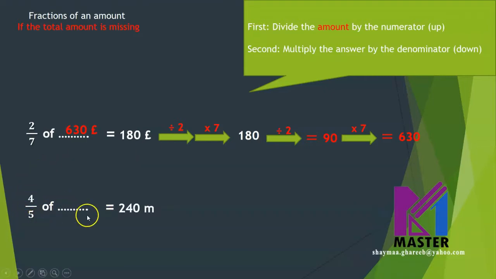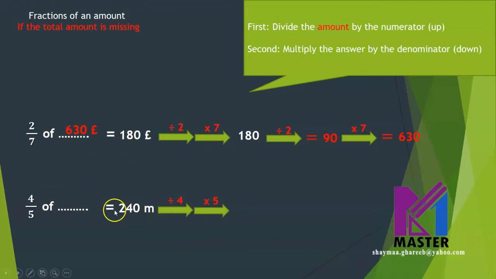4/5 of a missing total amount equals 240 meters. What did we say? We are going to do 2 steps. Divide by up, then multiply by the number down.